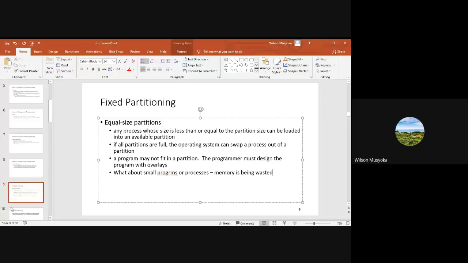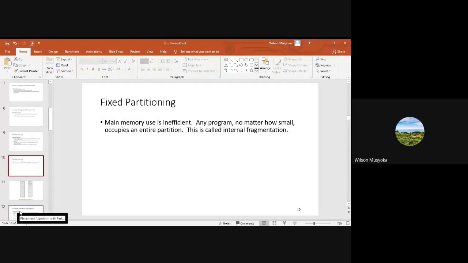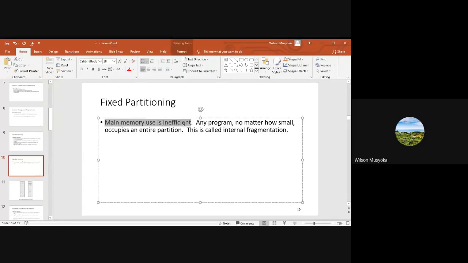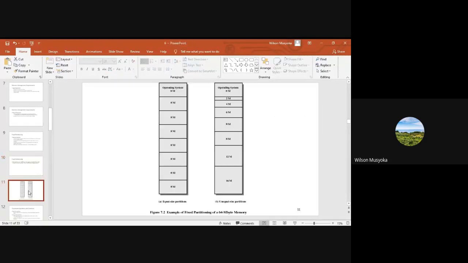That is the reason why there is the need for dynamic memory allocation. The challenge here is inefficiency. The program, no matter how small, occupies an entire partition, and that kind of wastage is called internal fragmentation, which we need to deal with.